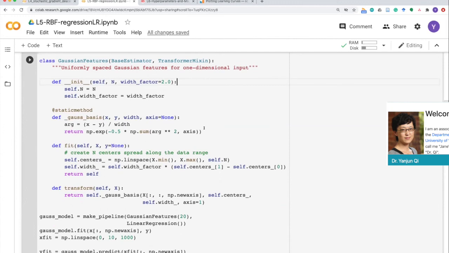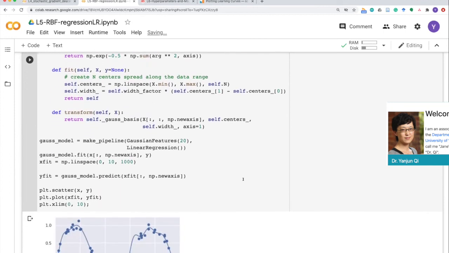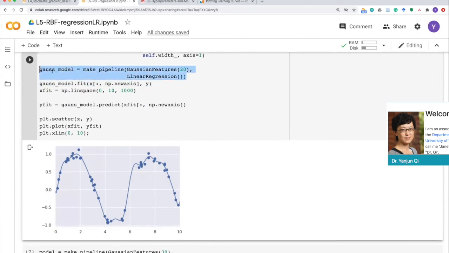We will go over this code a little bit later, but let's see how you fit. Think of this Gaussian feature generator as generating those phi x for you, and there's a hyperparameter of 20. It selects 20 centers, and around those 20 centers there is a very small bell wideness. Then using this feature generator, with everything else the same as the linear regression pipeline, this is how you fit.